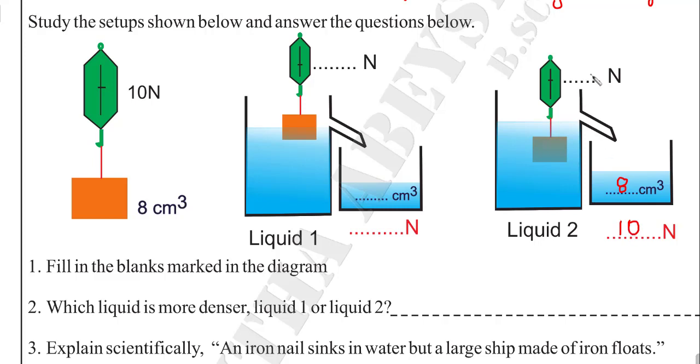In that case here, what should it be? It is 0, because weight of the object is 10 Newton, and we are giving the upthrust also 10 Newton. In that case, this value becomes 0. Another liquid one, it is floating partially, the half, children. It is much denser.